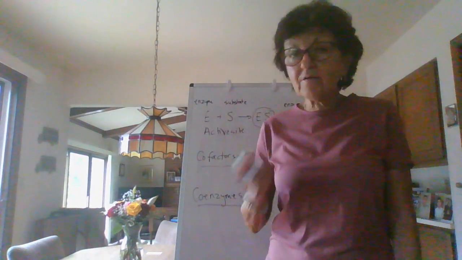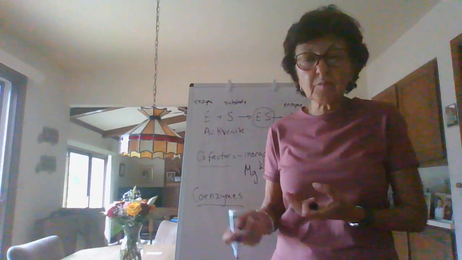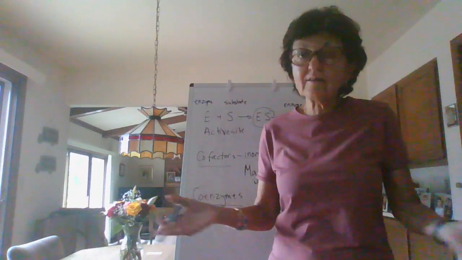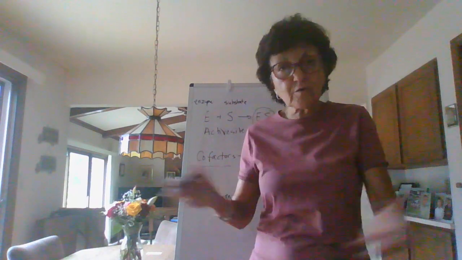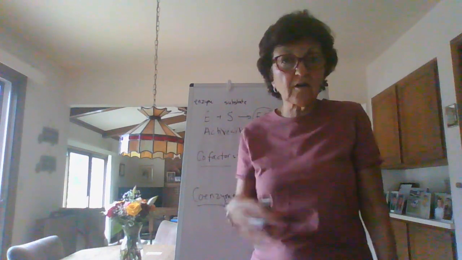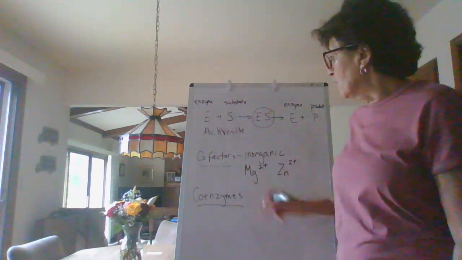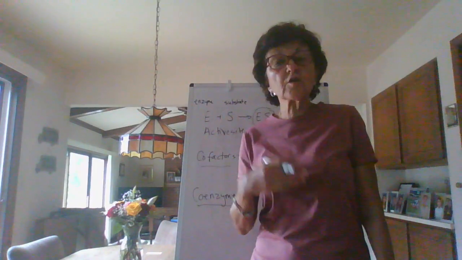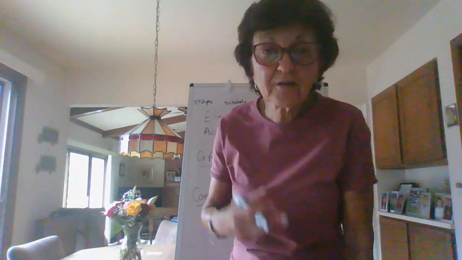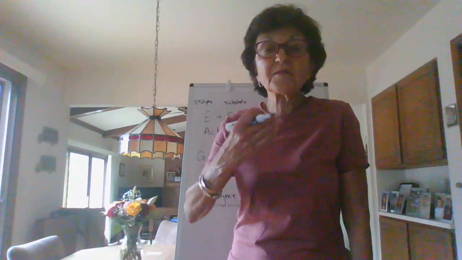It doesn't mean you go out and you pop some magnesium and zinc pills. Just get a nice healthy diet with lots of good fruits and vegetables and protein and all that. You'll get plenty of these two minerals that behave as inorganic cofactors. What is an inorganic cofactor? It is something that helps an enzyme.